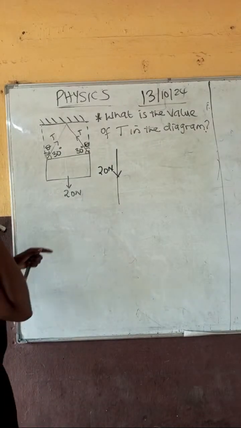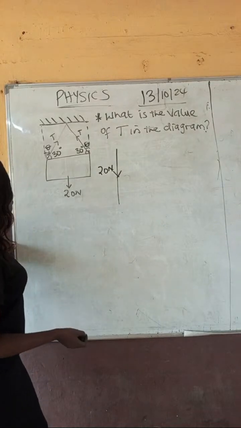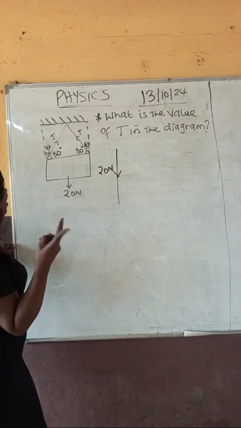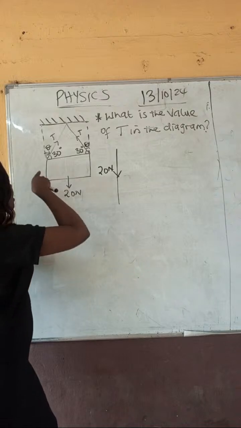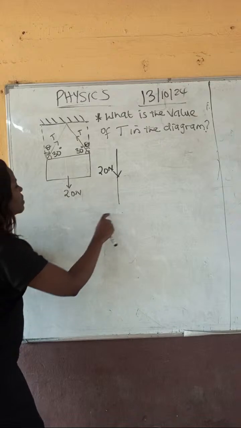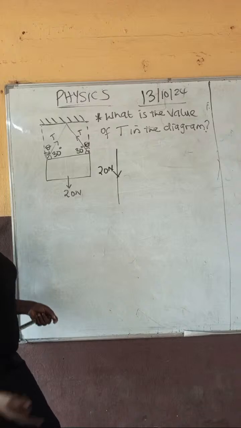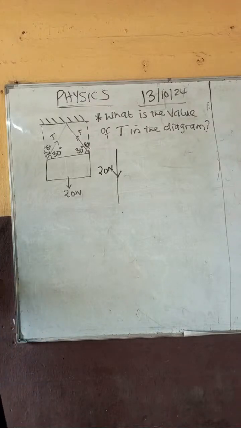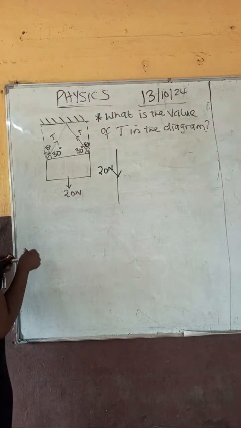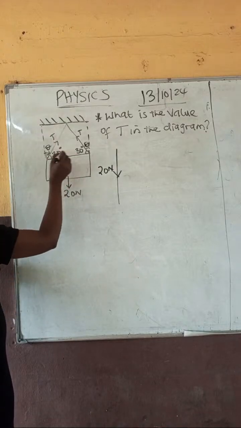Our 20 Newton is acting down, which is this. Now, our two T that we have, because they're the same, is acting this direction and this direction, but none of them is acting in the horizontal, but they give us an angle that's acting in the horizontal. Now, for us to get it, you're going to subtract it from 90 to get the angle that we need, because this is a right angle.